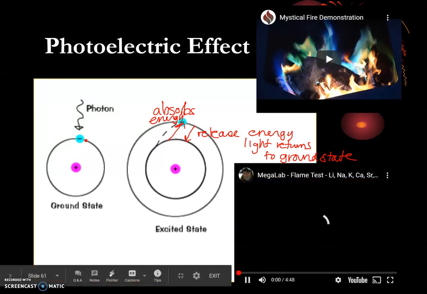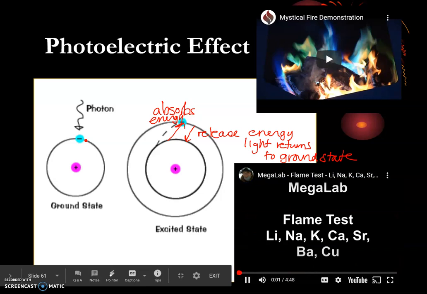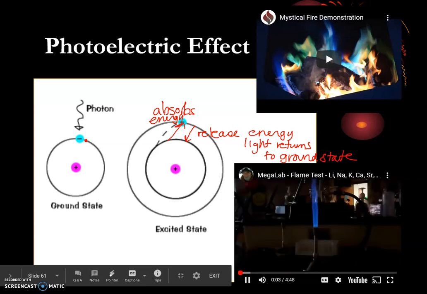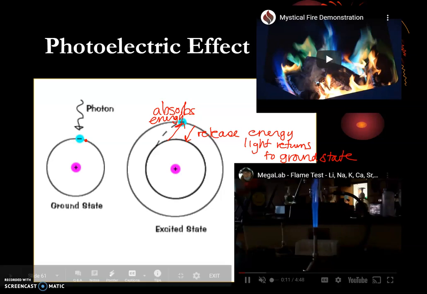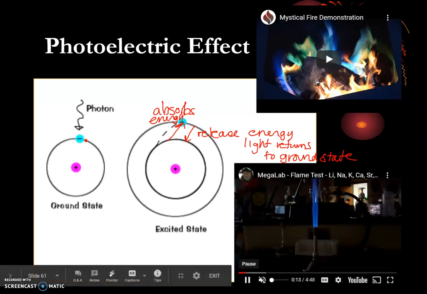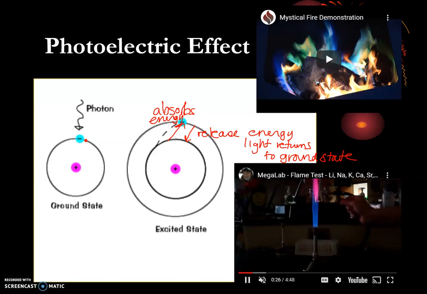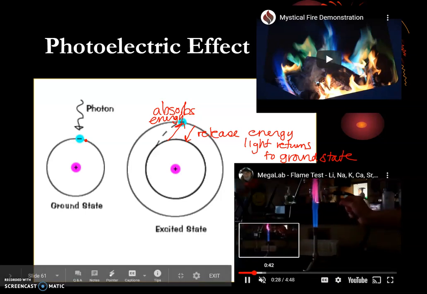We do the flame test lab where this person right here does the flame test for lithium and sodium and magnesium. We're going to mute her. But you can see here's our Bunsen burner, and then she puts in our different elements. This is our lithium, and notice how it's this fuchsia color.